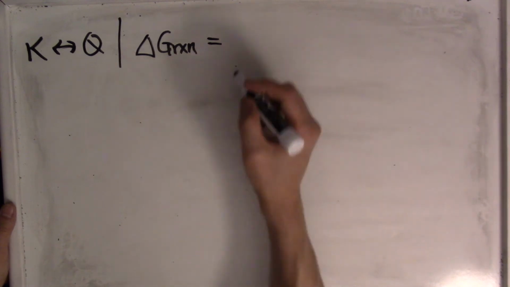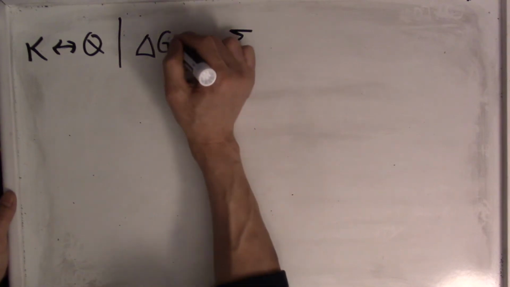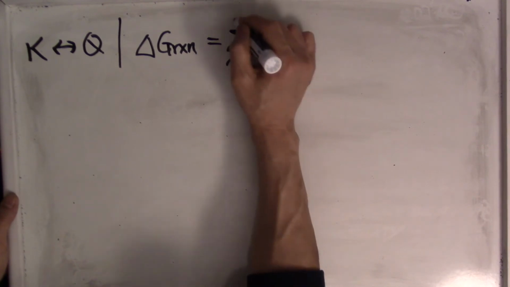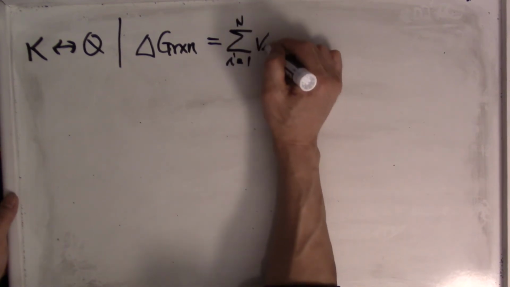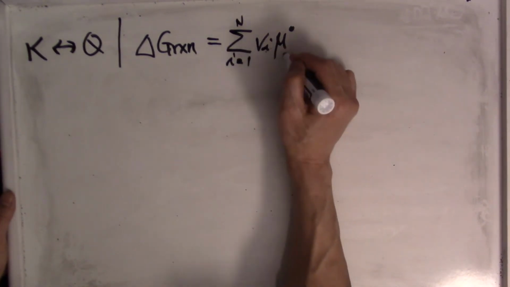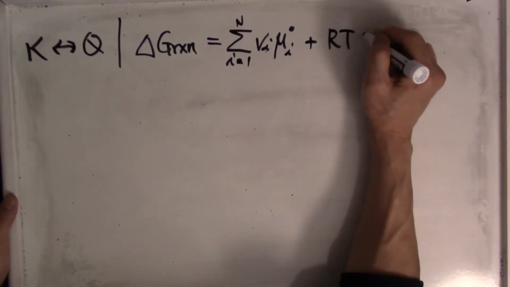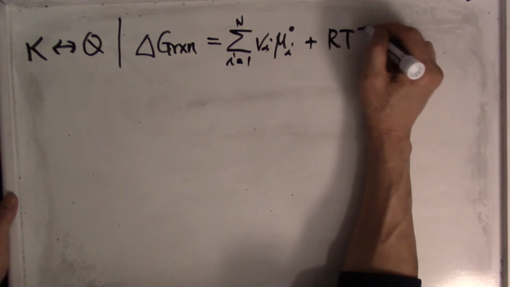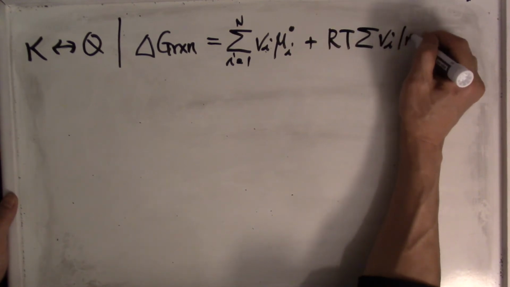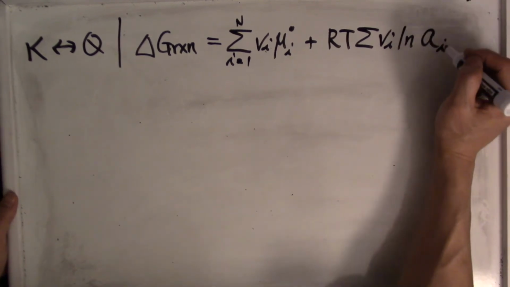Well, it really depends. But remember that delta G for the overall reaction is the sum over all the species I through n of the stoichiometry times the chemical potential at the standard condition of species I, plus the deviation from it, RT times the sum of the natural log of the activity of I, for all the species.